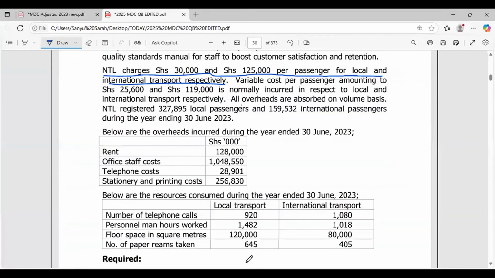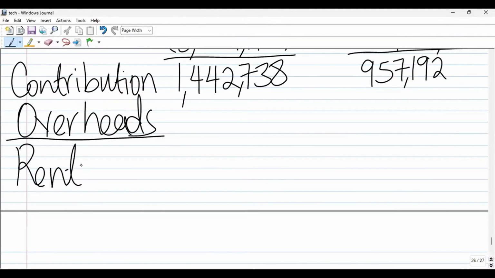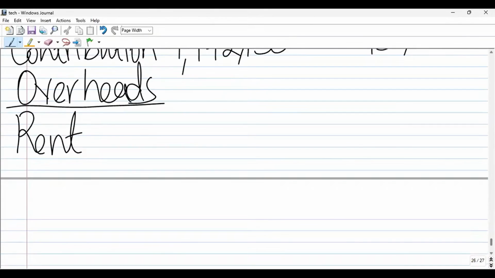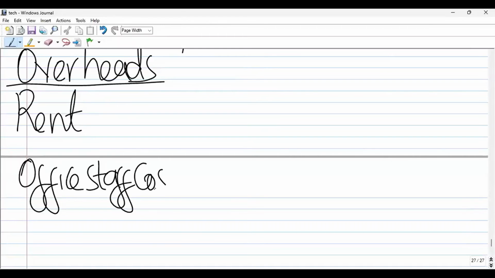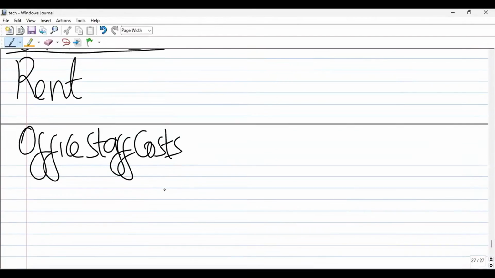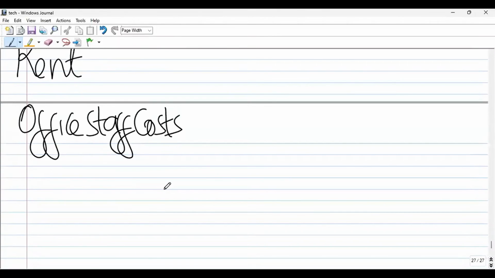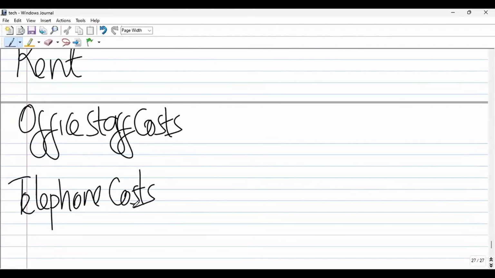So we have rent, office staff costs. Then they have telephone costs. Then they also have stationery and printing costs.